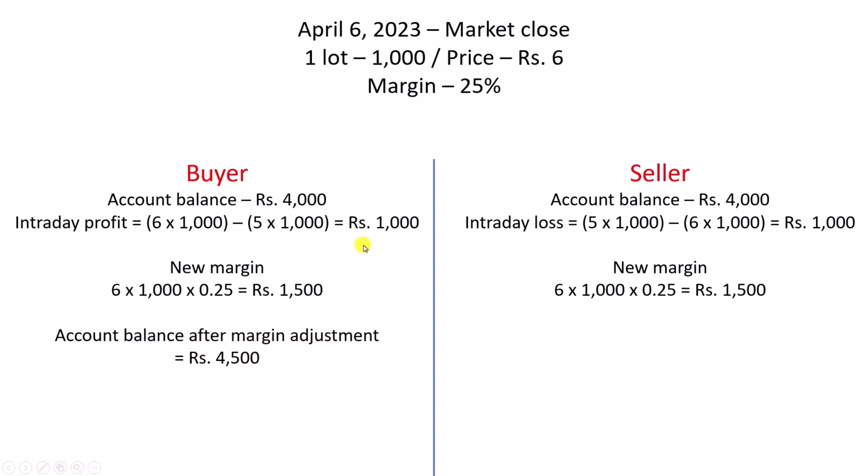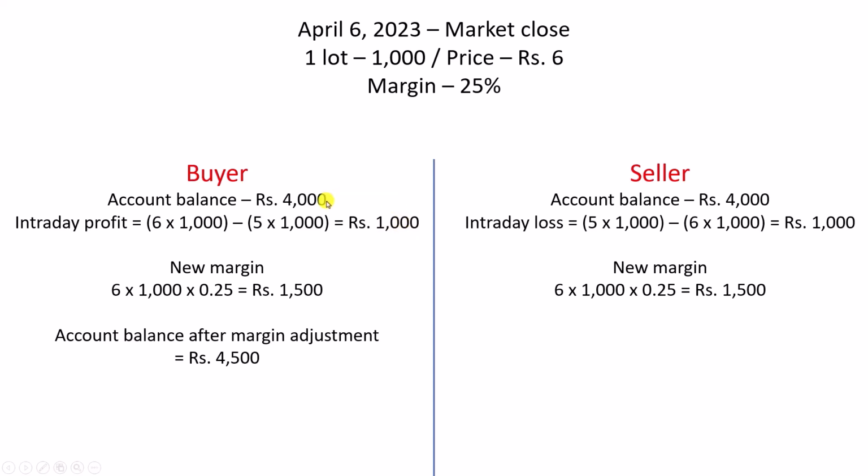Okay. Now you can think of it like the way I explained, or think of this in one more way. So profit is 1000 rupees. Out of this profit, he has to maintain the new margin. So out of 1000 rupees, he pays 500 rupees for the margin. So 500 rupees remains, and the 500 is added to the account balance.